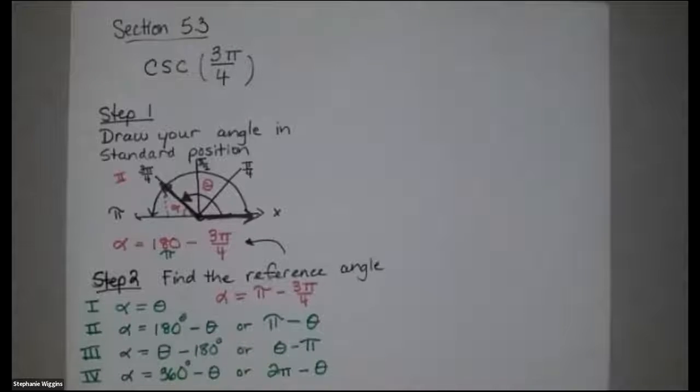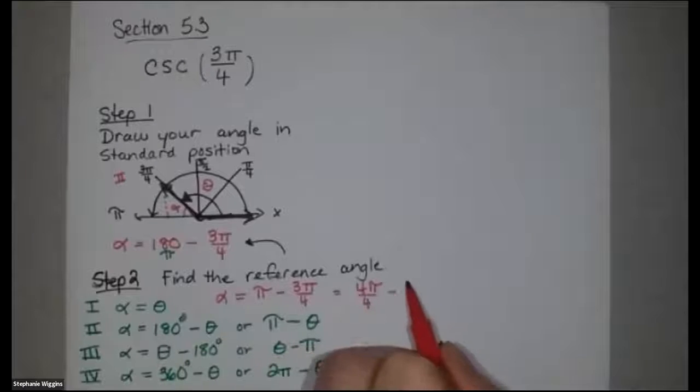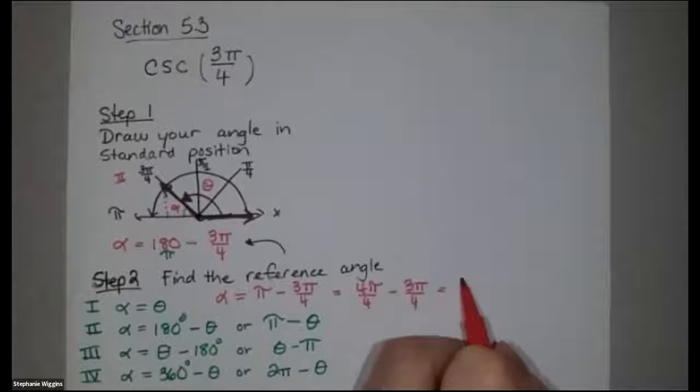Now to do this subtraction, we need a common denominator. So I'm going to convert pi into pi with a denominator of 4, which is 4 pi over 4. So this becomes 4 pi over 4 minus 3 pi over 4. So my reference angle is just pi over 4.